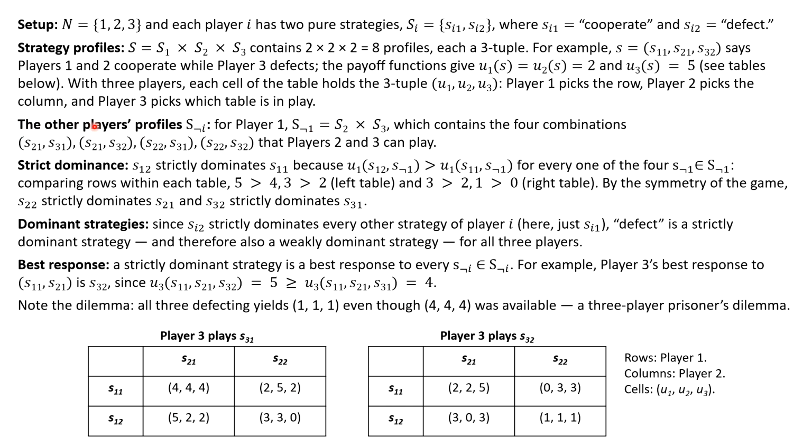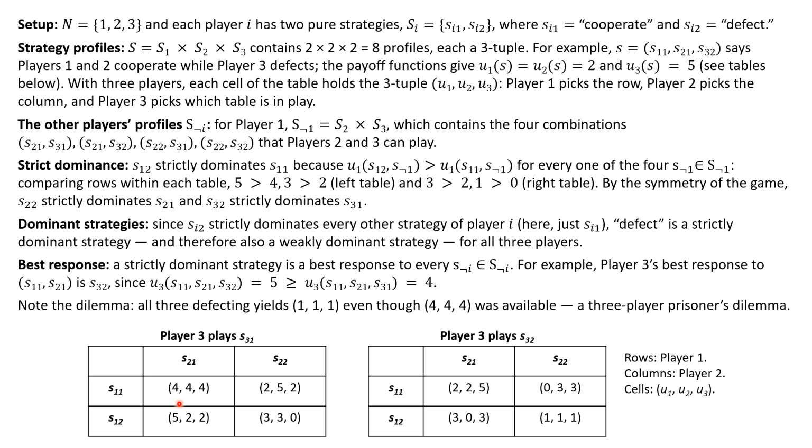So we have strict dominance. We can look at that. It's a little bit more involved now. S12 strictly dominates S11. And you have to look at both matrices now to see that. So when player 3 has these 2 different options, you have to look at both cases. Again, we're focused on player 1 in this case.